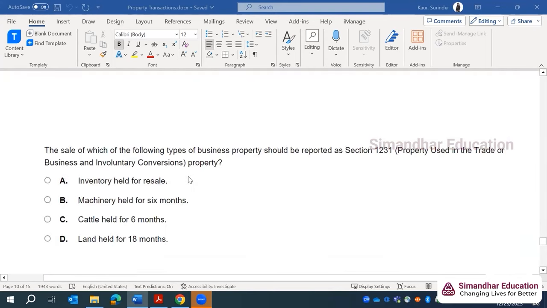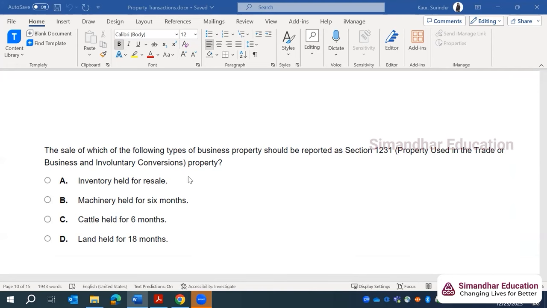Okay. The sale of which of the following type of business property should be treated as Section 1231 property? Inventory held for resale, machinery held for 6 months, cattle held for 6 months, and land held for 18 months. Okay, remember that in order for a property to be Section 1231, you will have to satisfy two requirements.